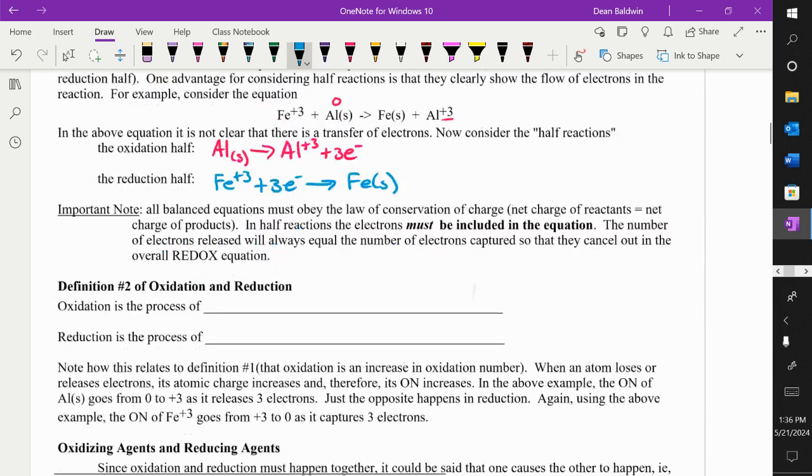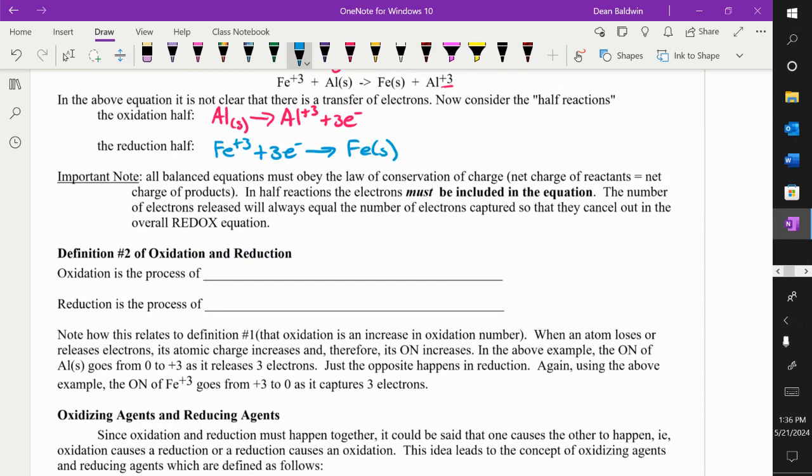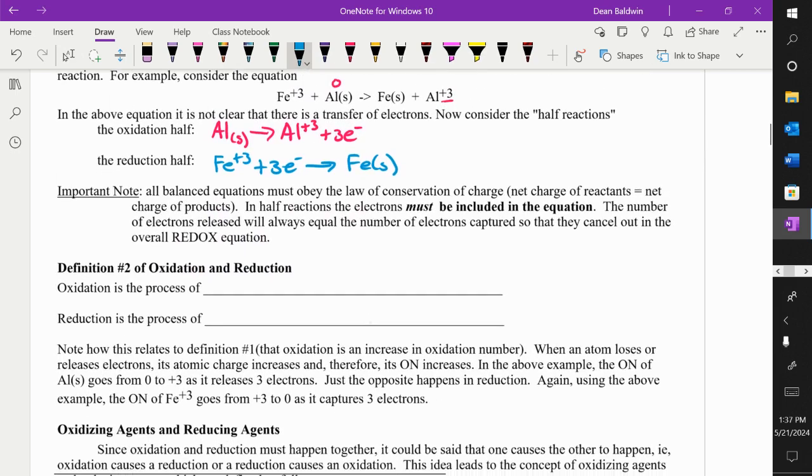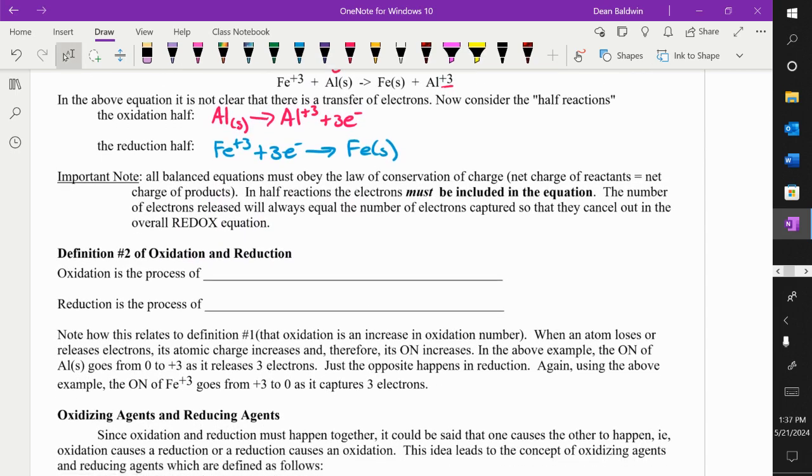All right, one more review of what oxidation is. Oxidation is the process of releasing electrons. They are electron donors.